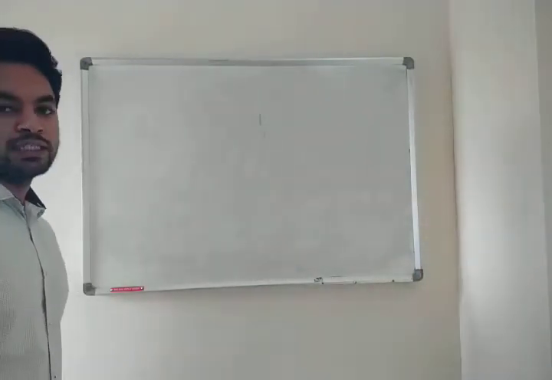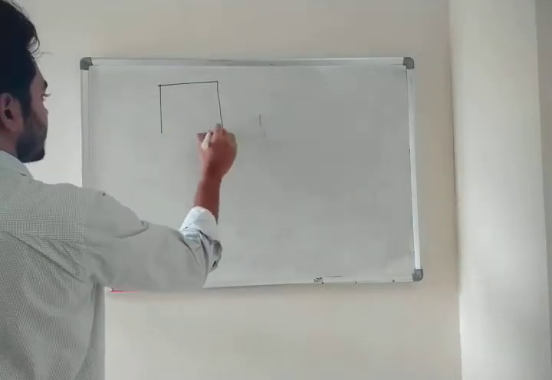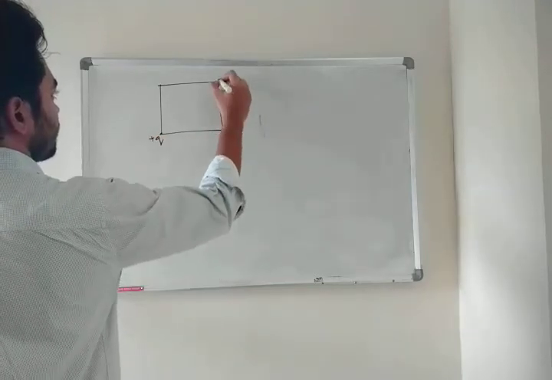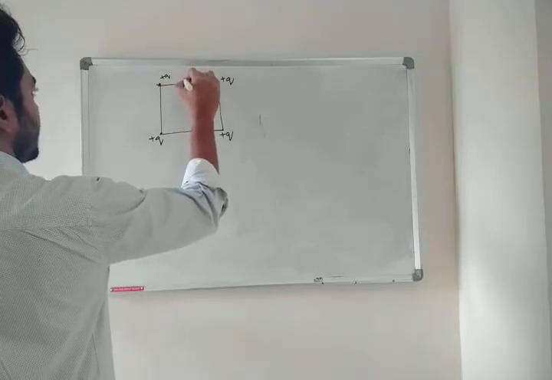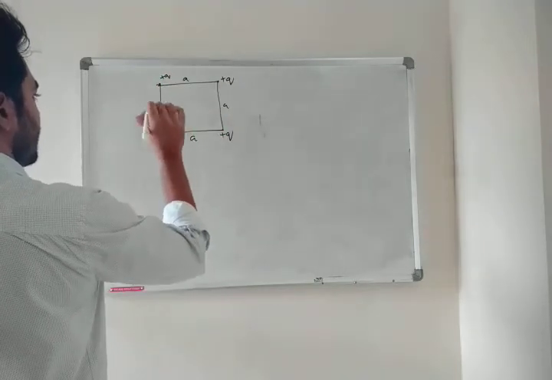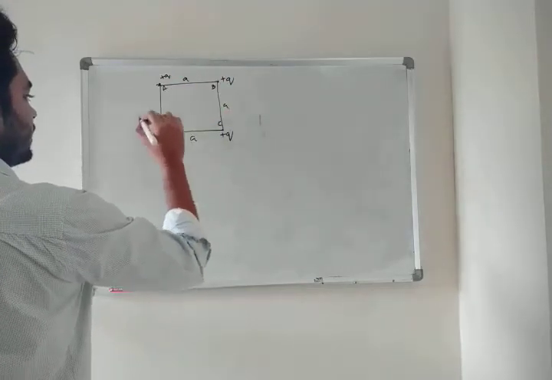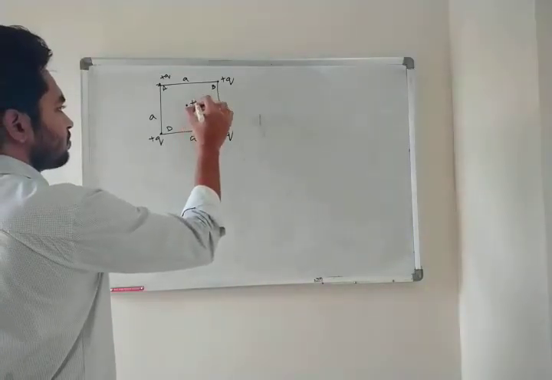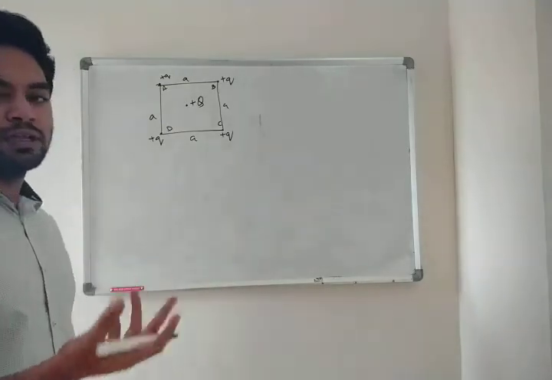Clear? Understood. Now let us go to the next sum. It is a little bit different. So let us take a square, with plus Q at A, B, C and D. All sides are A. Now the change in this sum is, let us consider a charge positive Q, or negative Q, anything is fine.